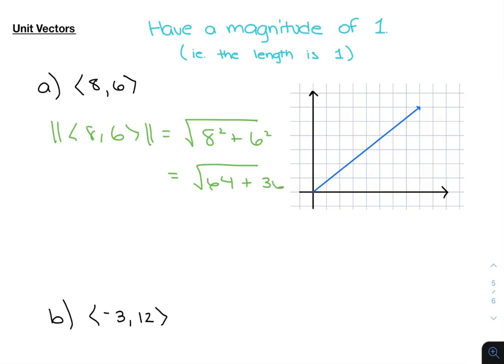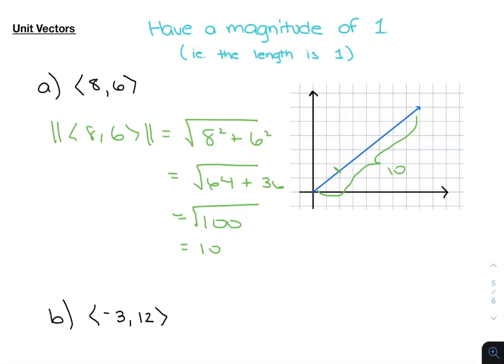So the square root of 64 plus 36 is the square root of 100, which is equal to 10. So the length of this vector is 10.